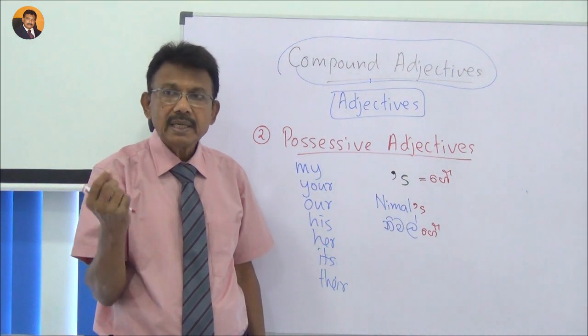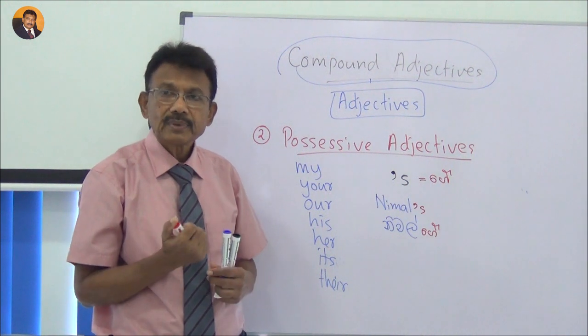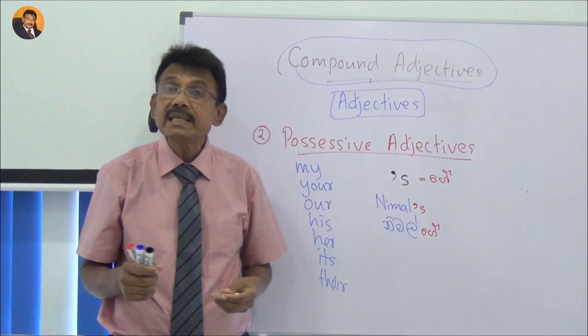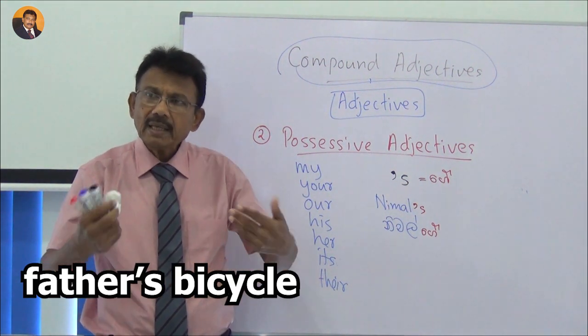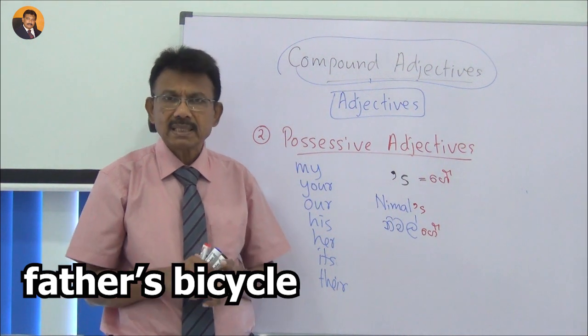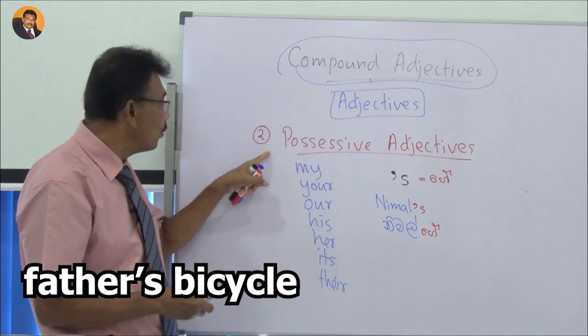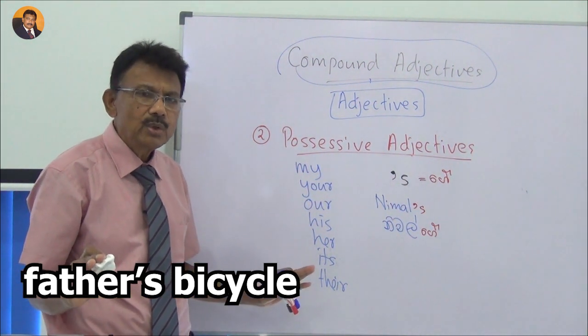English singular. Okay, that's it. So father's bicycle. Father, and you can make a possessive adjective, father's bicycle. It's something very easy. So they are called possessive adjectives. Okay, that's it. Do you have any problems?